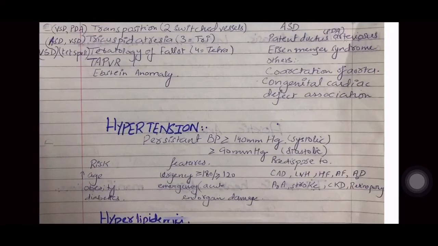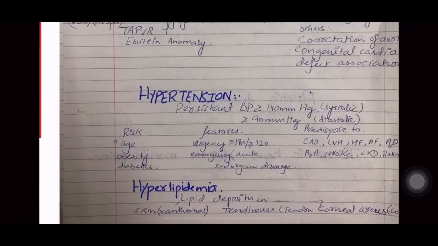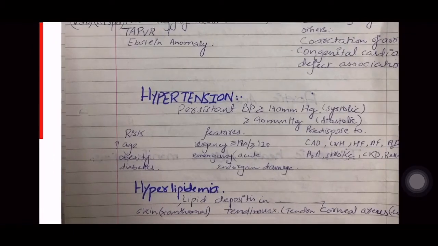Next we have one of the most important topics, hypertension. Hypertension is defined as persistent systolic blood pressure greater than or equal to 140 mmHg or diastolic greater than or equal to 90 mmHg.